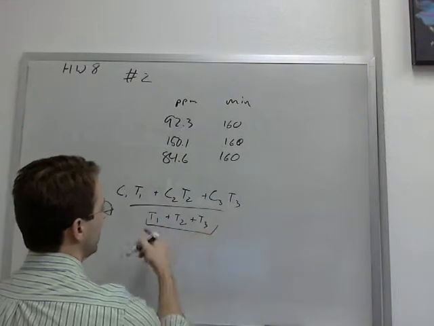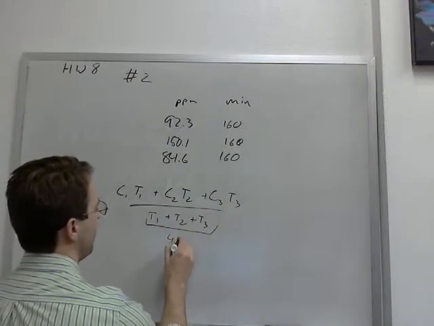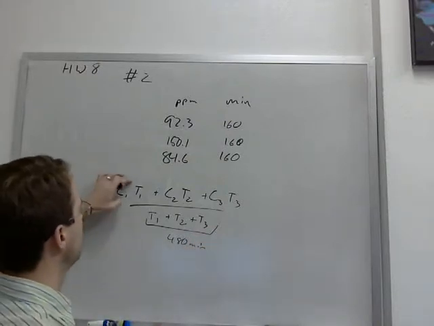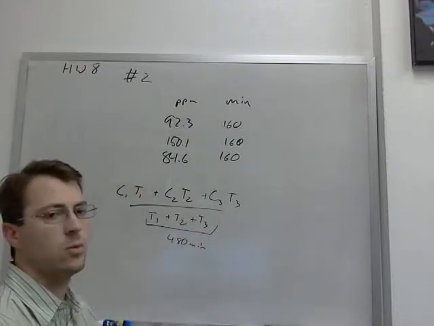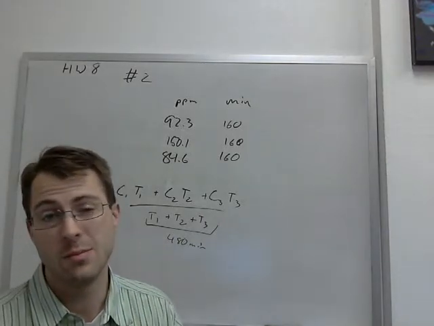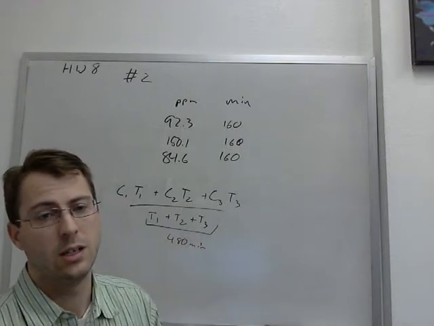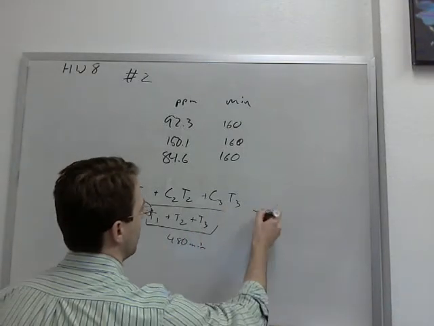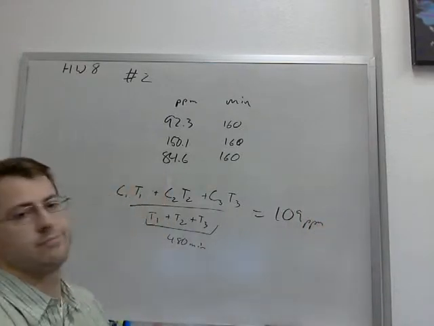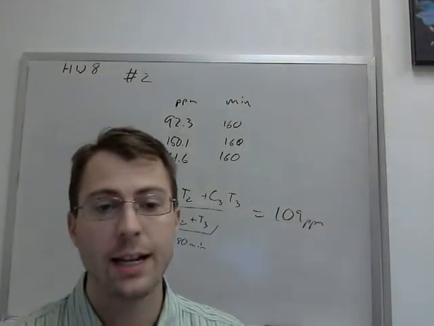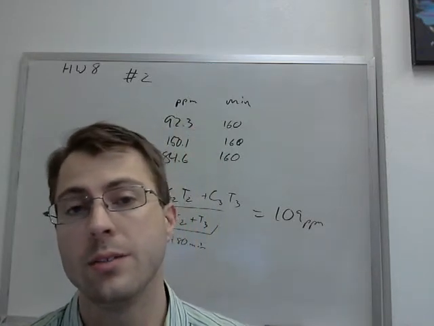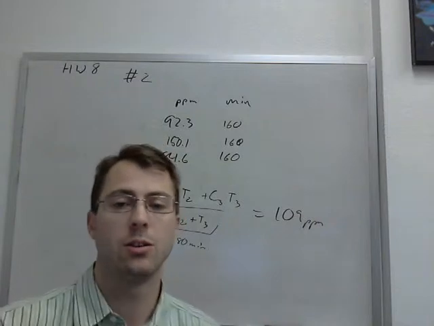So this was 160 times 3, so this is 480 minutes. And this is just the way that you're weighting each one of these concentrations for that duration of time. Since these are all the same, this is really kind of a trivial question. And so this comes out to about 109 ppm.